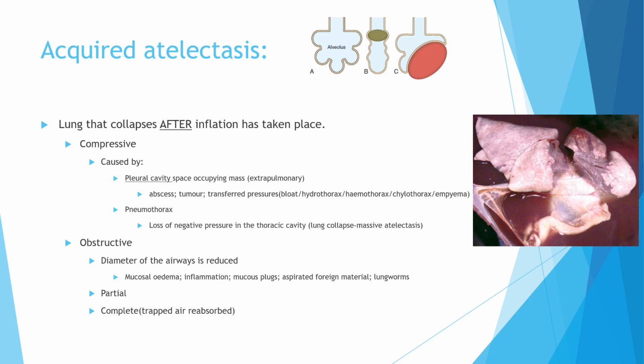Looking at the explanation I've listed here, trying to highlight the difference between compressive and obstructive, try and think which of B and C would be obstructive atelectasis, which would be compressive atelectasis, and why. This we'll discuss further in class, and hopefully you were correct.